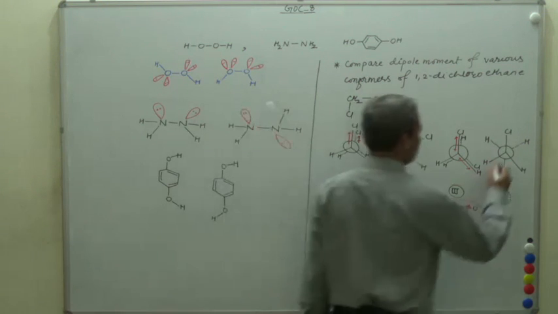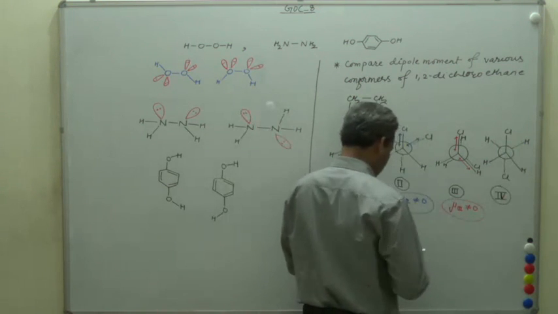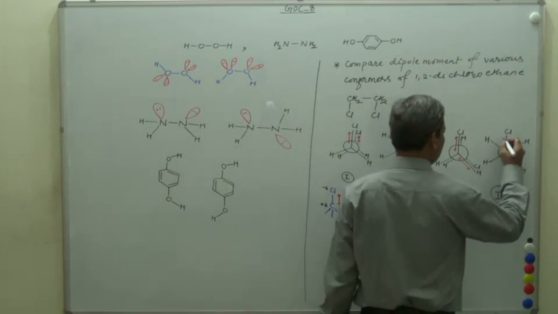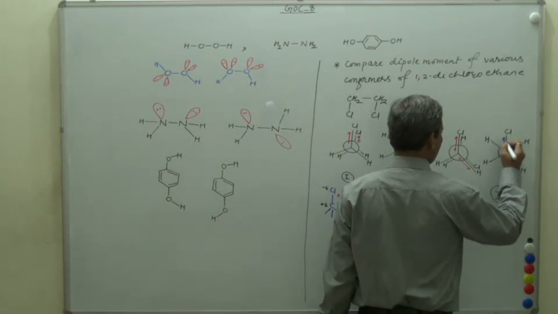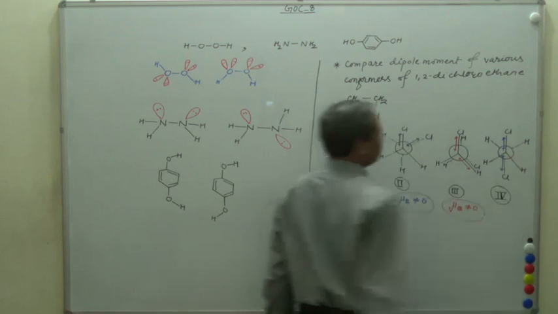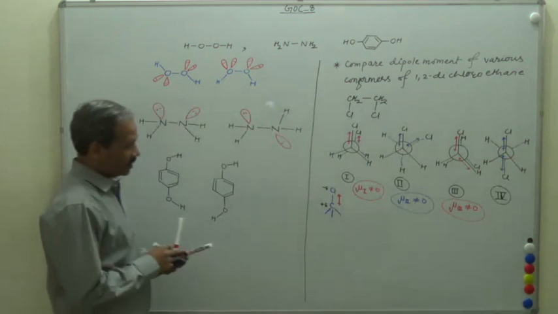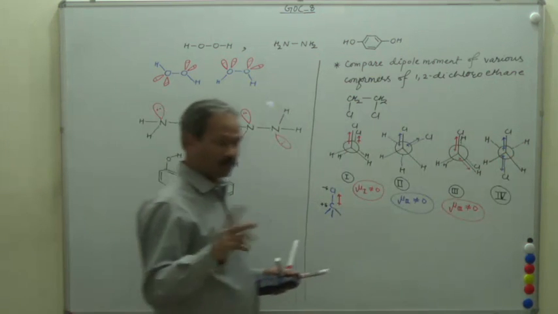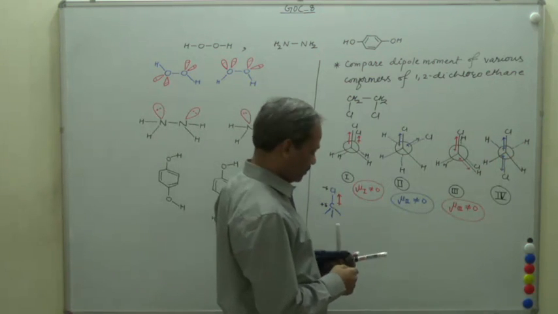But in the fourth form, the dipole moment of the carbon-chlorine bond is towards the chlorine atom, and these two bonds are at 180 degree dihedral angle.